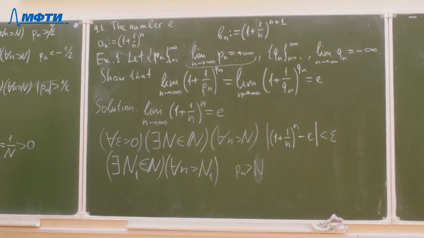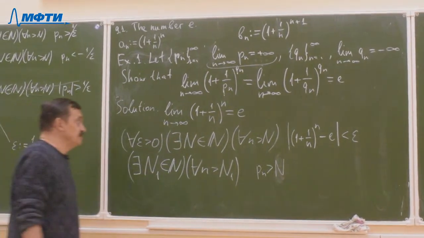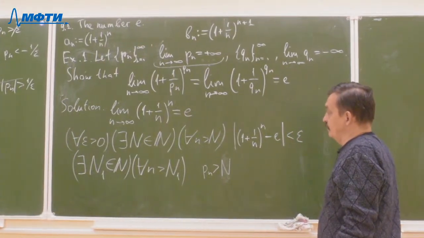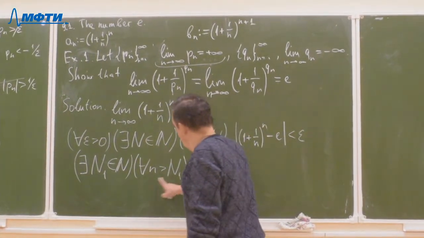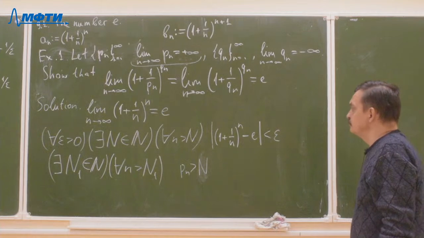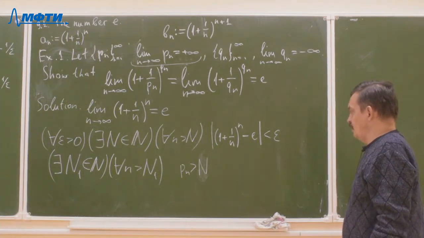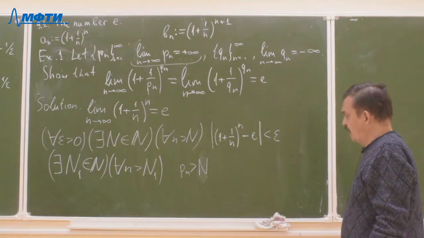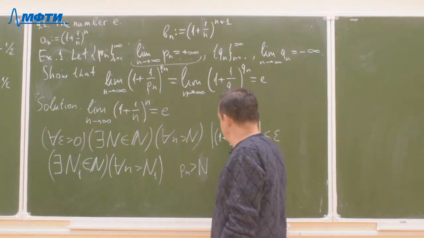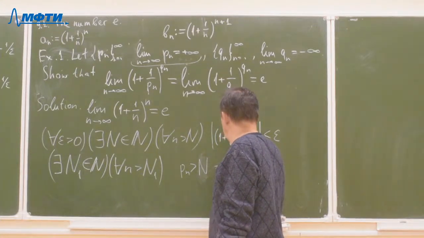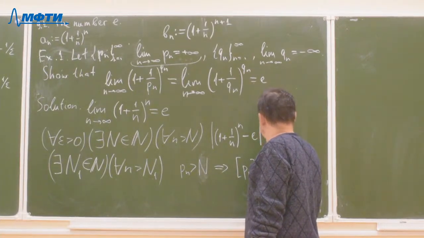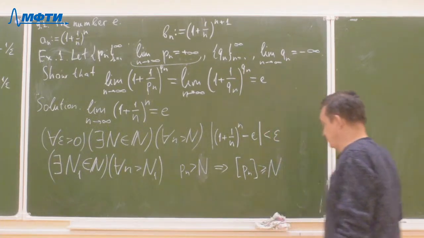And what does it mean? It means that for all n greater than n1, look, if Pn is greater than capital N, then it follows that the integer part of Pn is greater or equal than N also, right?